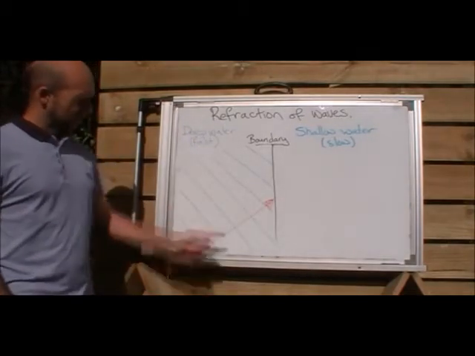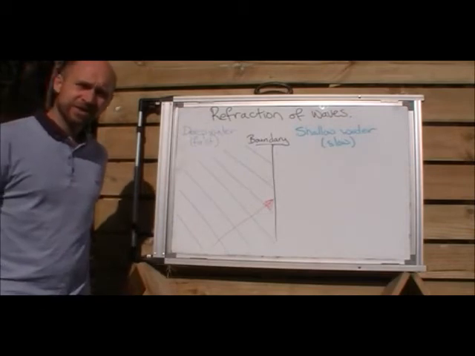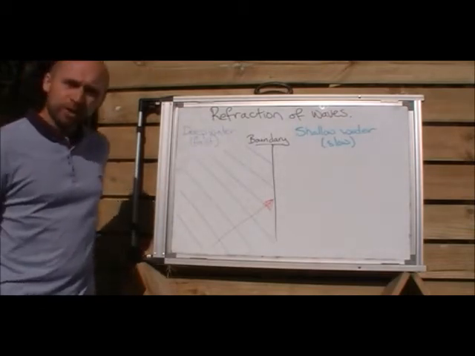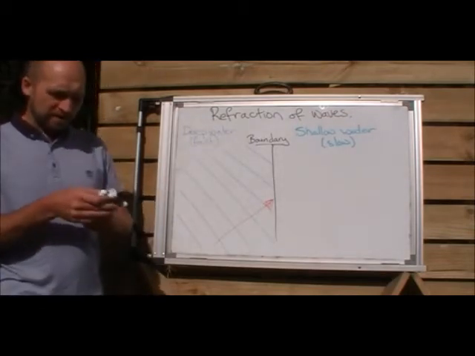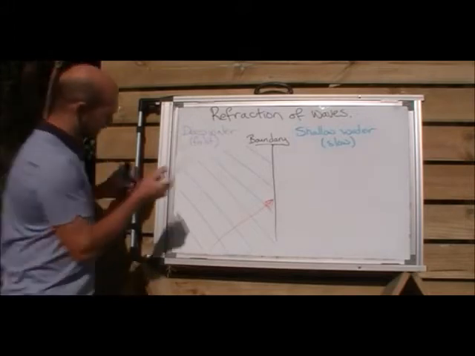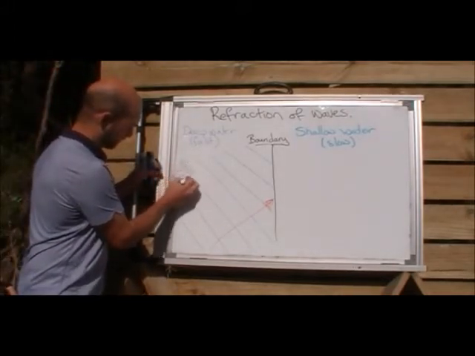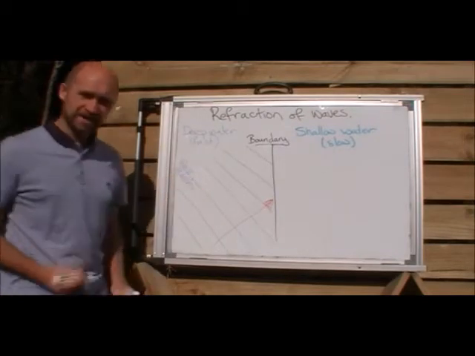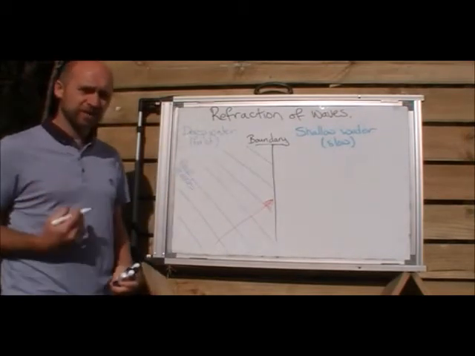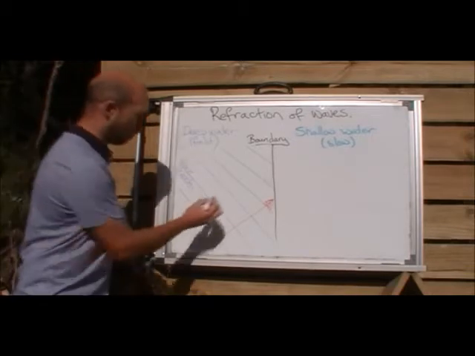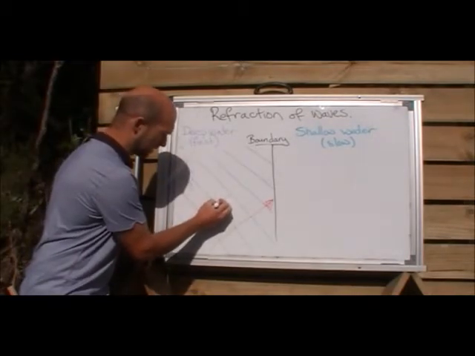To understand this diagram, those blue lines are like the wave crests. And the distance between each wave crest is called a wavelength.